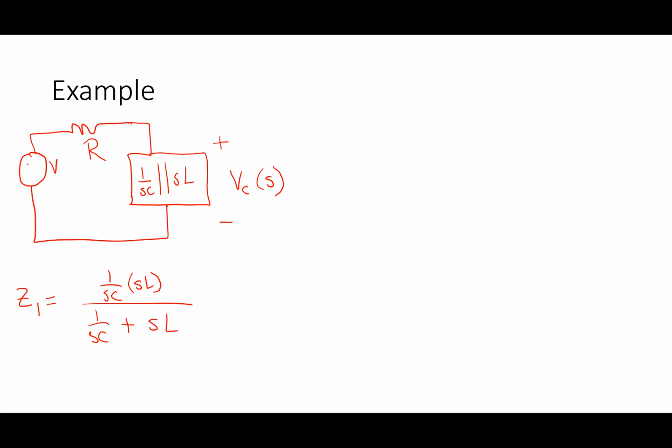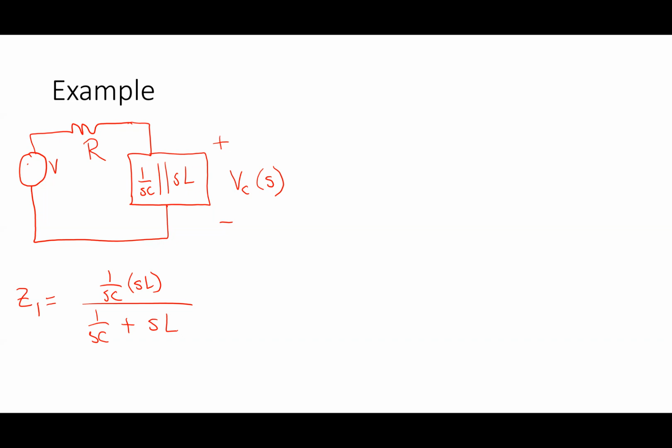I can do it either way, but I'll do it this way for now. One thing I said the other day is we like to get these things so that they are rational functions of S. What's a rational function? It's a fraction, and there's a polynomial of S on the top and a polynomial of S on the bottom.